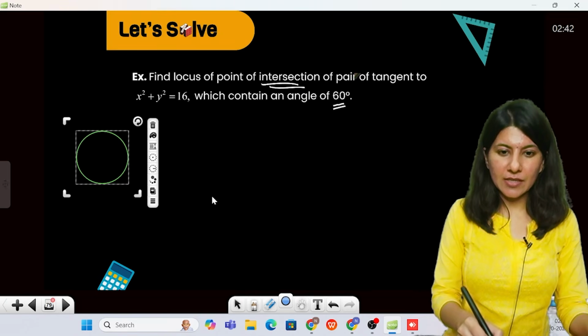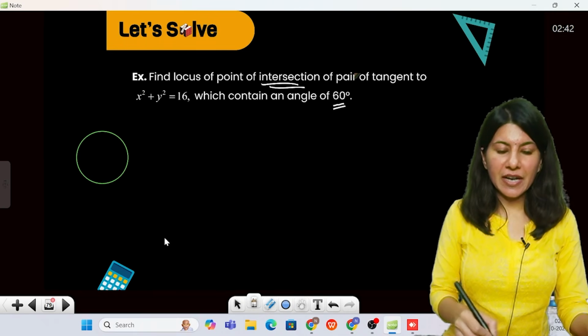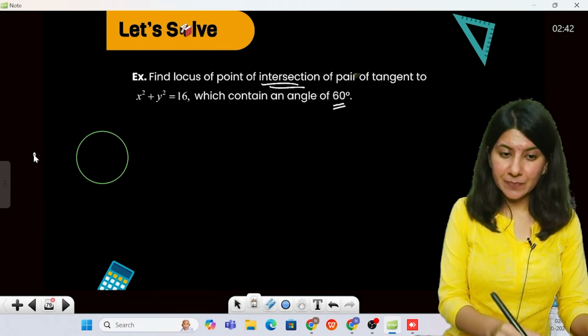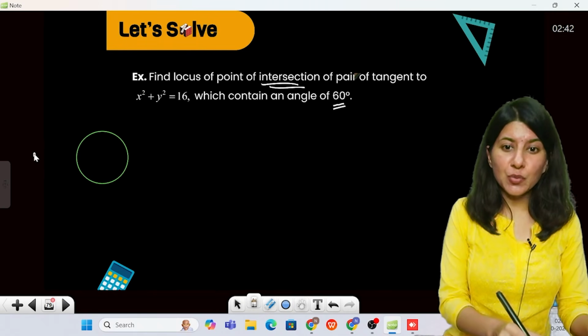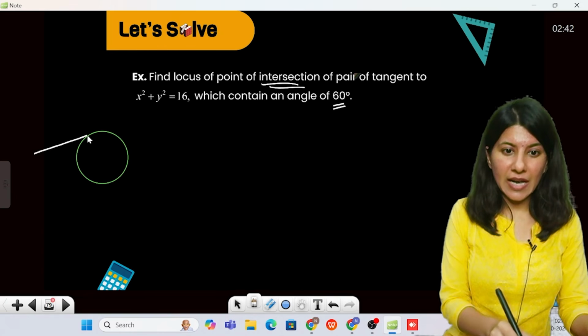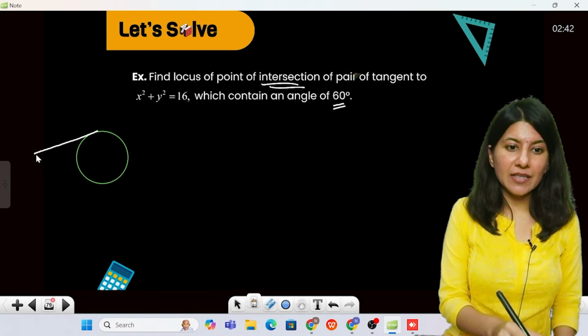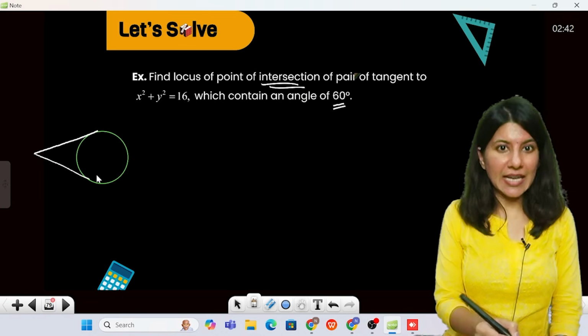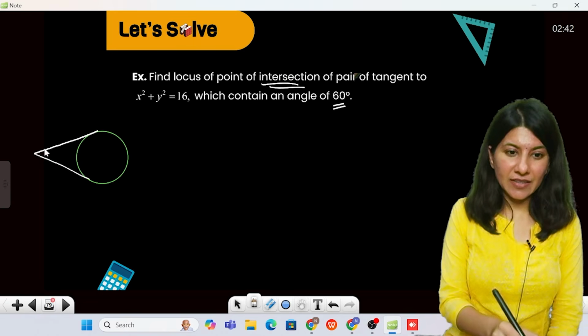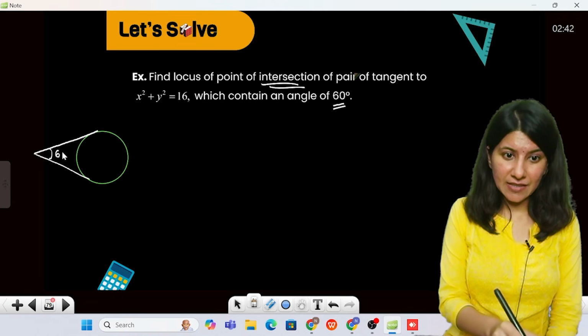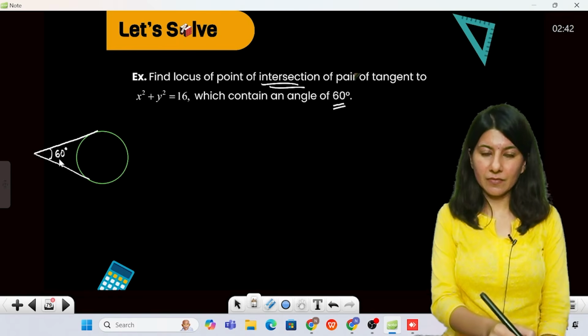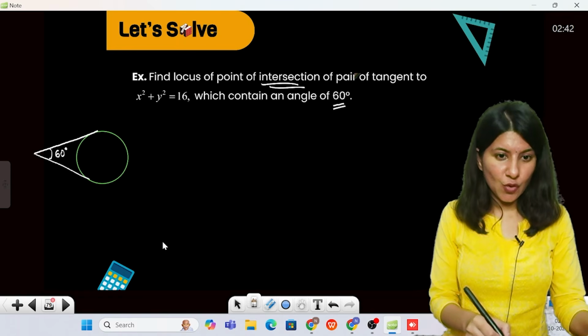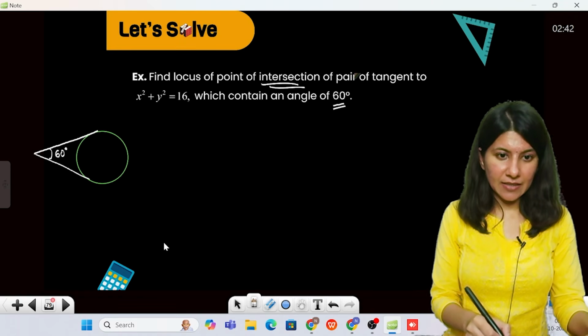There is a circle, then we have a point from which two lines are drawn, and these two lines are nothing but tangents to this circle, and the angle between the tangents is 60 degrees.